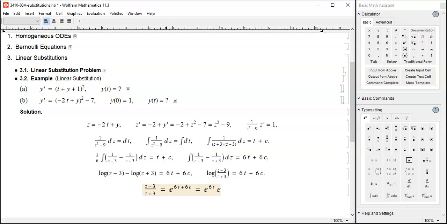Times exponential of 6c, and then this is a constant, right? Take this as a new constant, say k. Now we can allow k to be negative.